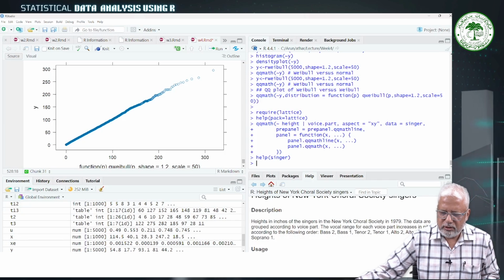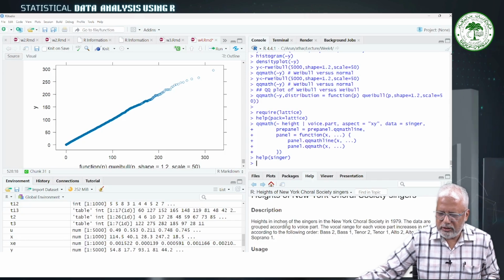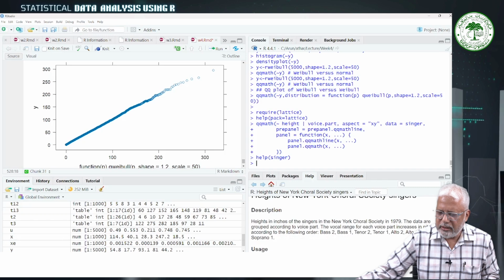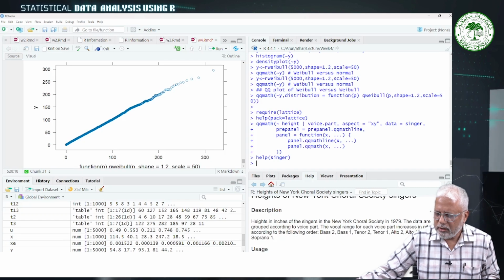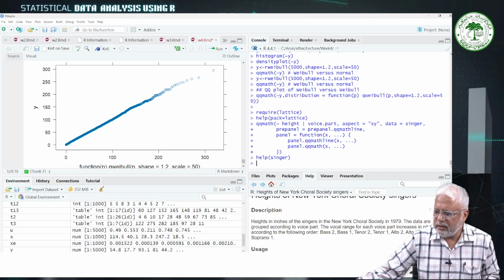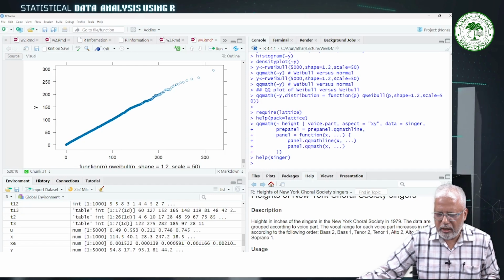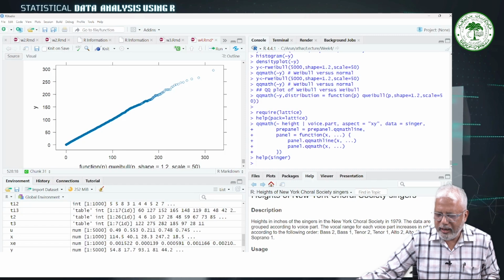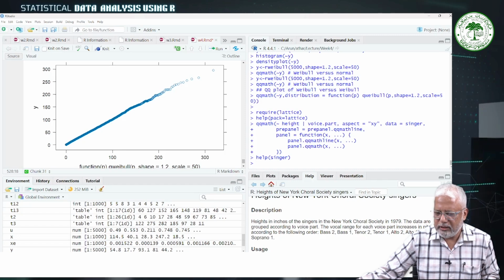Description: heights in inches of the singers in the New York Choral Society in 1979. The data are grouped according to voice part.